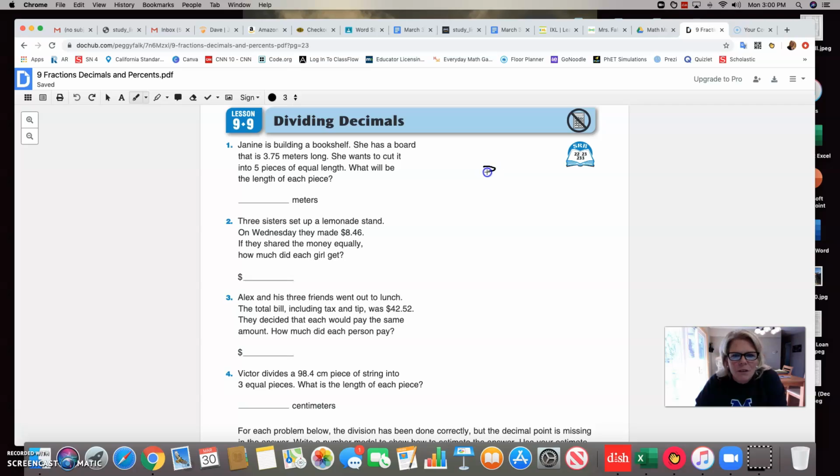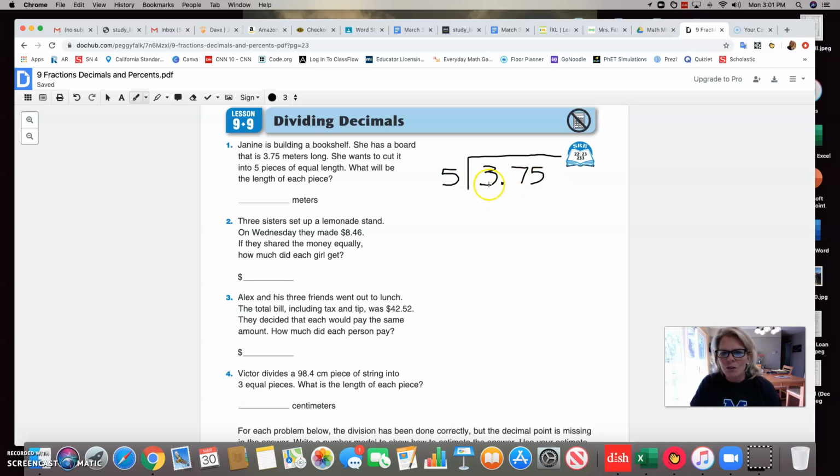Well, over here, please show your work, then I can see what you're doing. So we are going to break up 3.75 meters by 5 equal pieces. Like multiplying, just ignore the decimal.